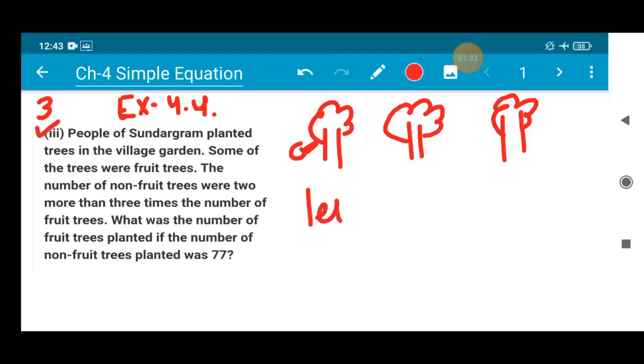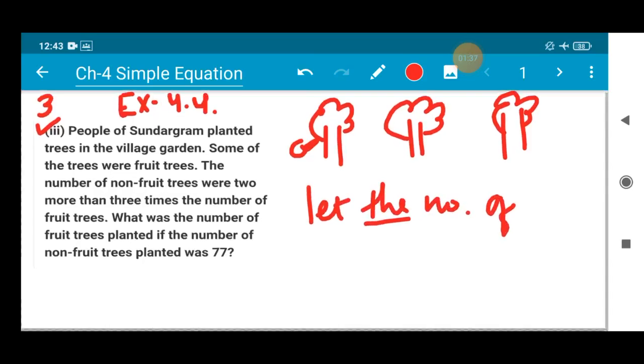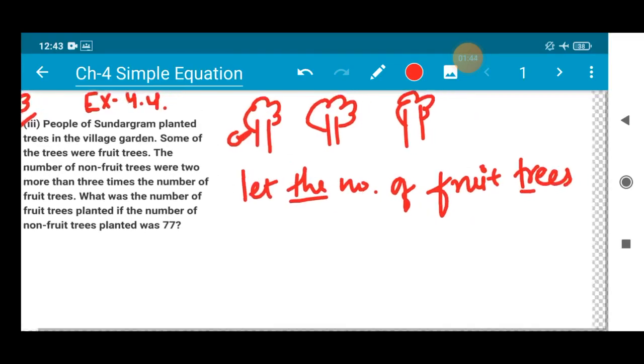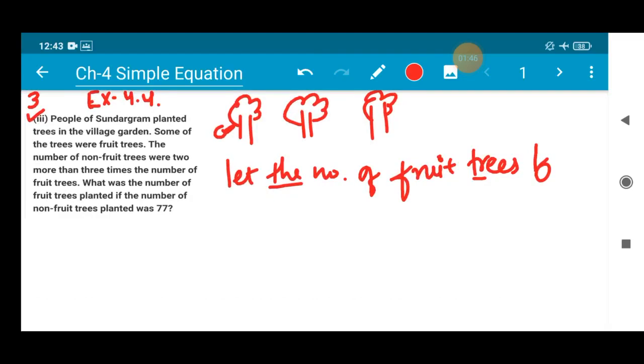So in order to find this, let the number of fruit trees be x. We don't know the number of fruit trees, but it is given that the total number of non-fruit trees planted was 77.